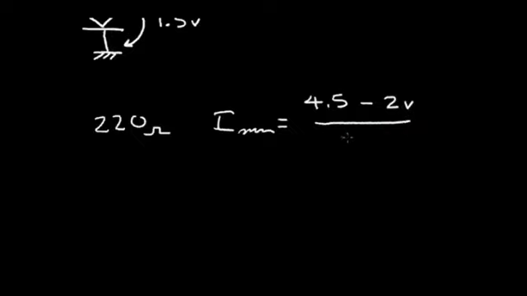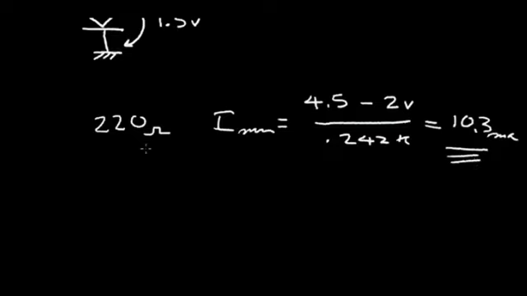And if the 220 is 10% high, 242 ohms, this will give me 10.3 milliamps, which is a little bit far from my ideal 16 milliamps.